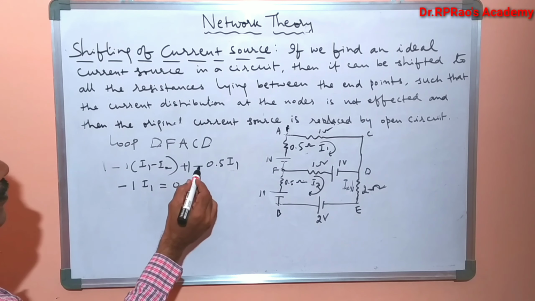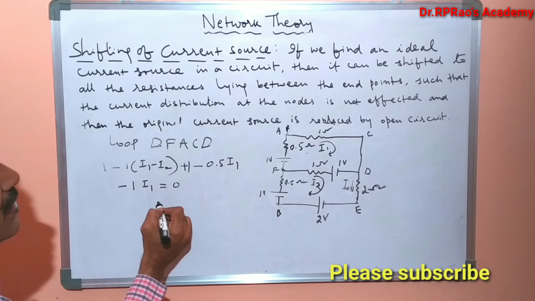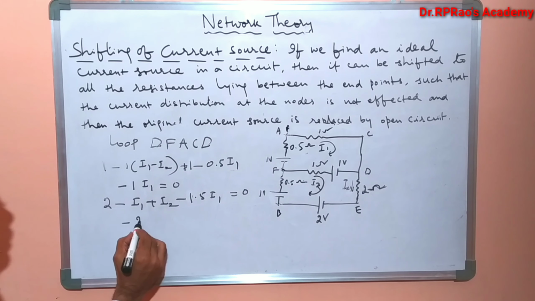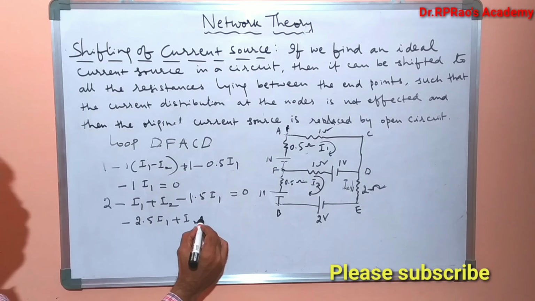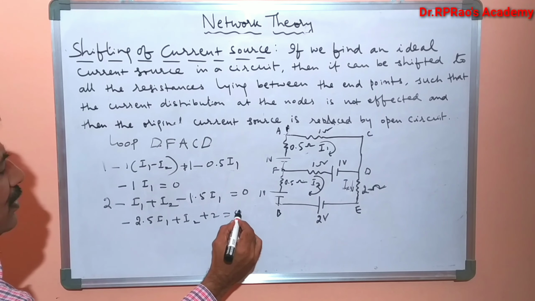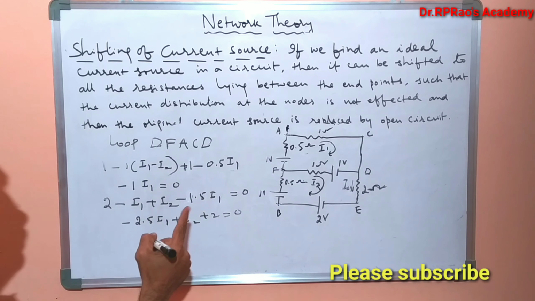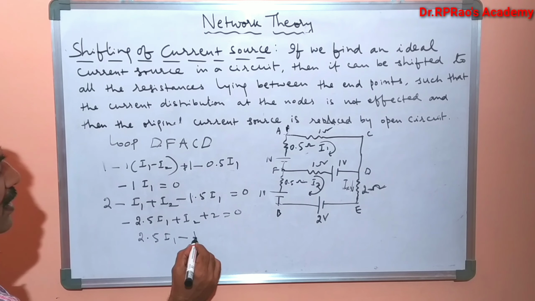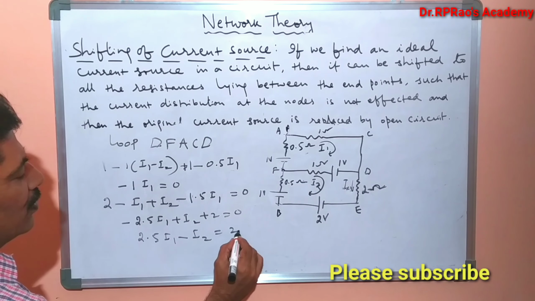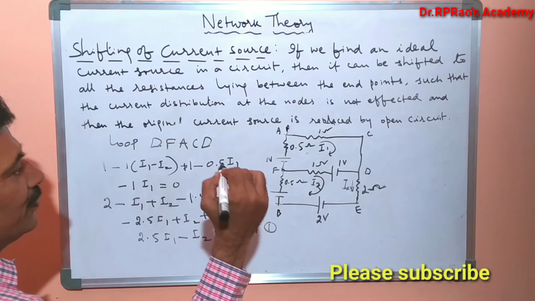This 1 and this 1 will get cancelled. Minus 2.5 I1 plus I2 plus 2 equal to 0. Let us multiply the equation by minus 1, then it will become 2.5 I1 minus I2 is equal to 2. Let it be equation number 1.